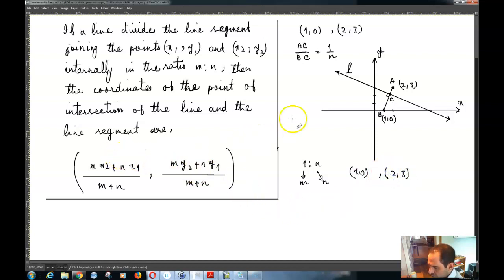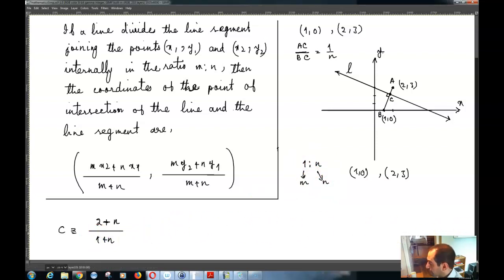So the coordinates of this point C are m times x2, so 1 times 2 is equal to 2, plus n times x1, which is 1 times n, equal to n, over m plus n, which is 1 plus n.